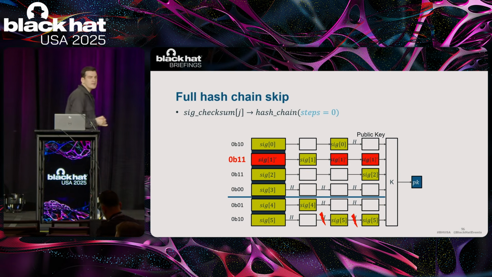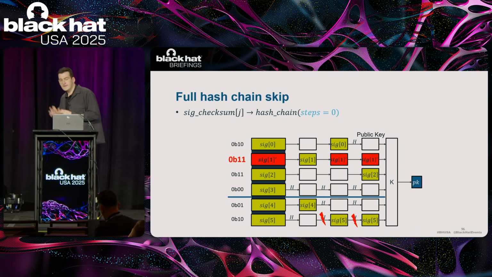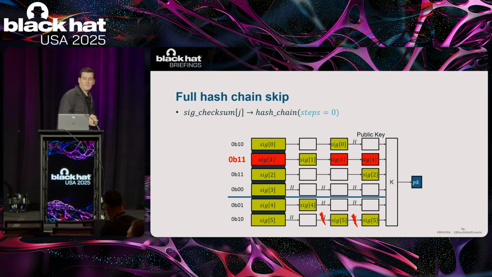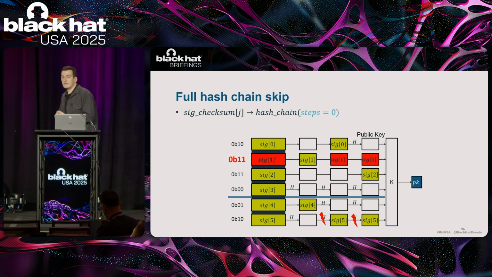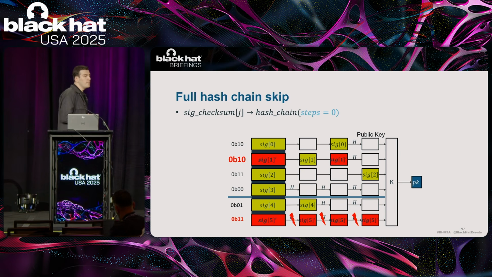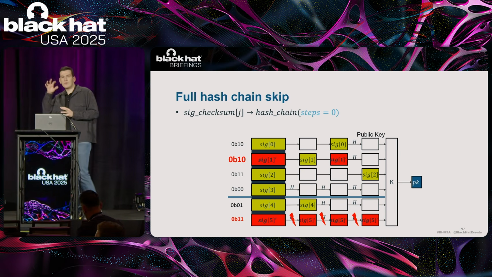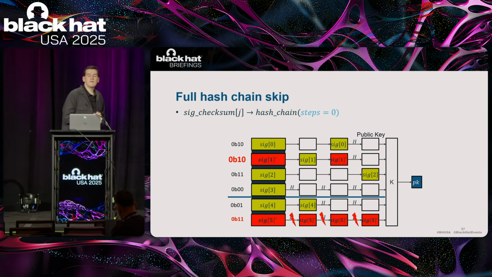And with the full hash chain skip, if we forge it as many times as the remaining hash chain value, we can skip the full hash chain at the verification, and it will also calculate the correct public key. Or maybe our brute forcer gives us a result where you only have to forge once, but we have full hash chain skip with fault injection.